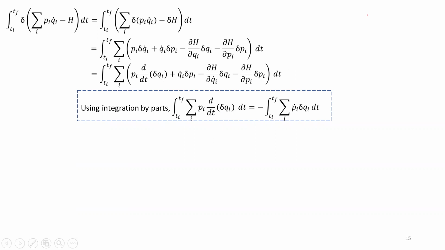If you do this variational calculation for the Lagrangian, you will have a term with delta q and a term with delta q dot, and using integration by parts, the delta q dot term becomes a delta q term.